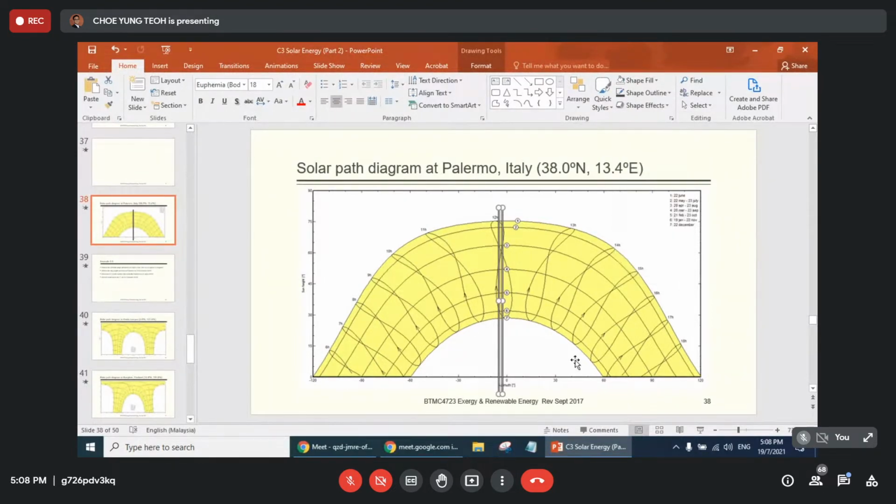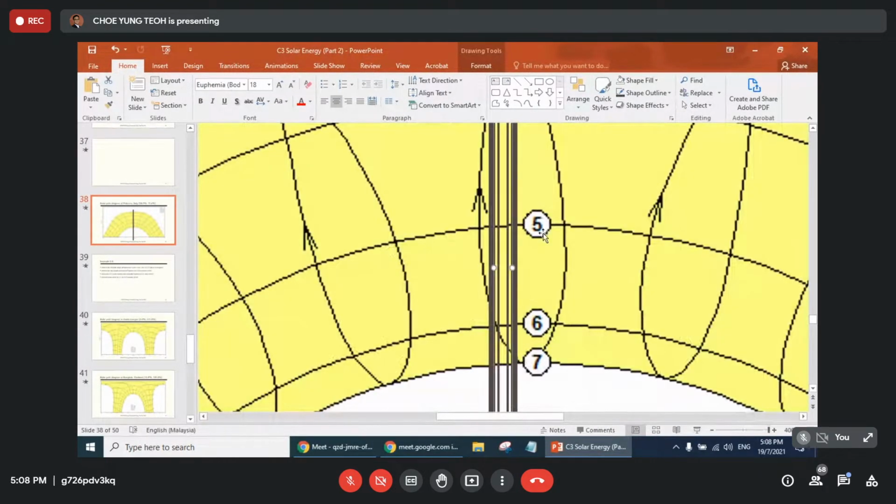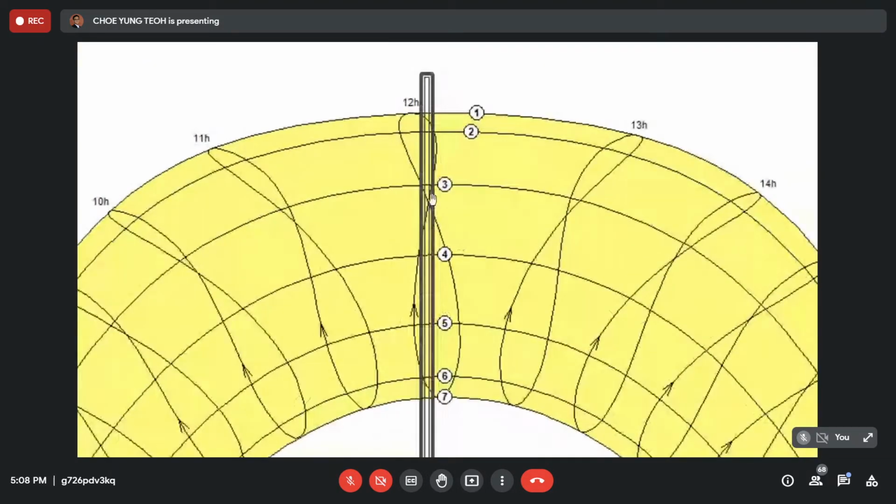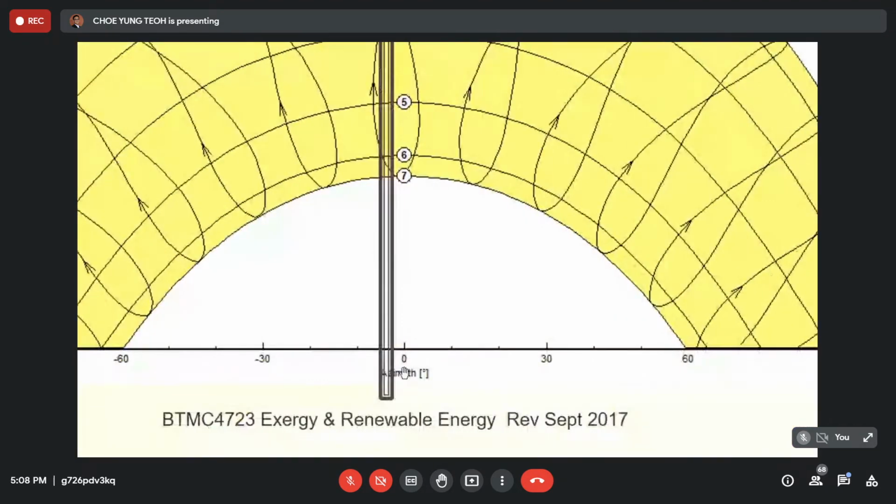Okay, so I would say that the value for April should be around, this is 0, so this 30, 10. Okay, maybe -3 and -5, still okay.